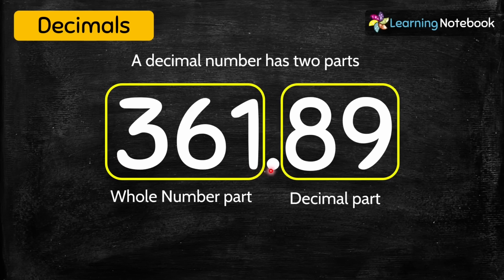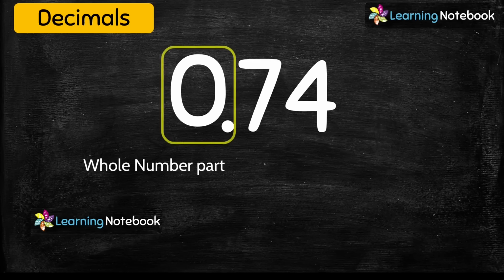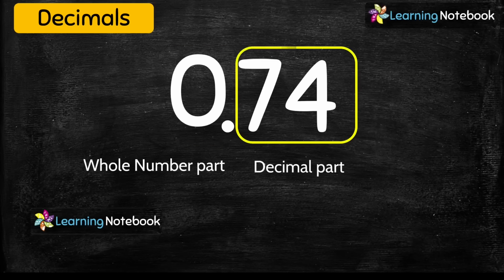Both of them are separated by a dot called decimal point. Similarly, decimal number 0.74 also has two parts, where 0 is the whole number part and 74 is the decimal part. And both of them are separated by a dot called decimal point.